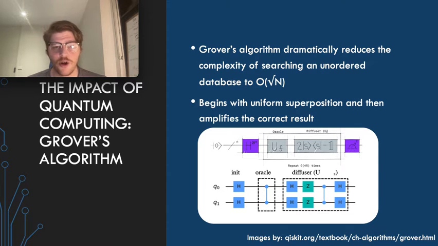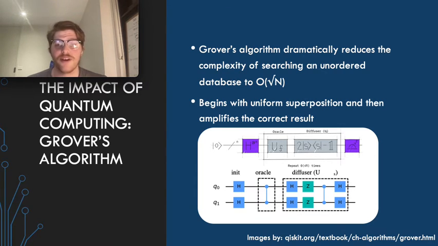So that's really important to understand, that once it's measured, it will be 0 or 1. We'll talk now about Grover's algorithm. This algorithm reduces the complexity to search an unordered database to root n, as you can see there. It takes an input, but it applies a uniform superposition to all the possible outcomes and to all the qubits using a Hadamard gate before flipping the state of the entity that we are attempting to find.